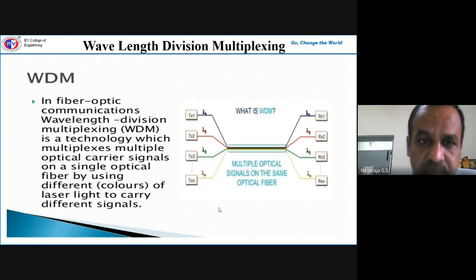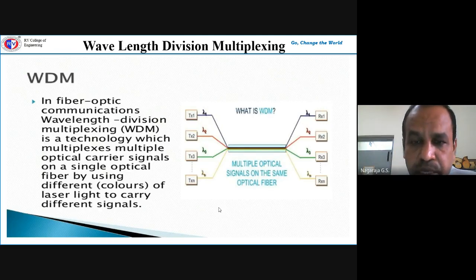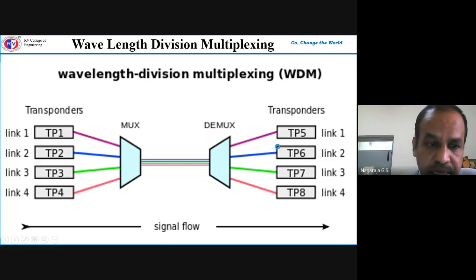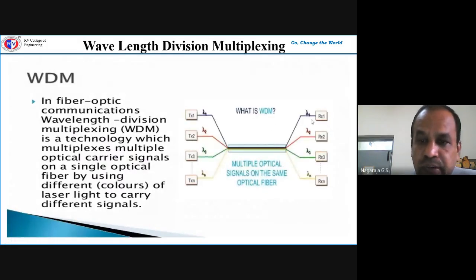Yeah, this is a simple illustration to talk about wavelength division multiplexing. It looks similar to your TDM and FDM, but here, in fiber optic communication, wavelength division multiplexing multiplexes multiple optical carrier signals on a single optical fiber by using different colors of lasers to carry different signals.